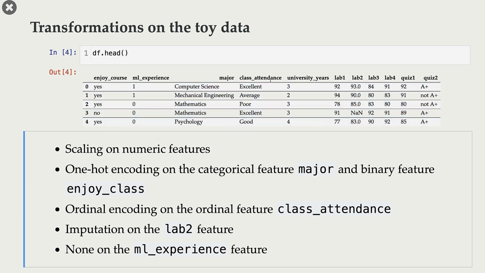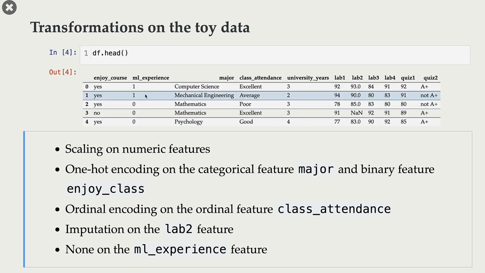Then we have this class attendance feature, which is an ordinal feature. There is ordering between these categories. For example, excellent and good are closer to each other compared to excellent and poor. Then we have this lab2 feature, which has some missing values, and we would like to apply imputation on this feature.